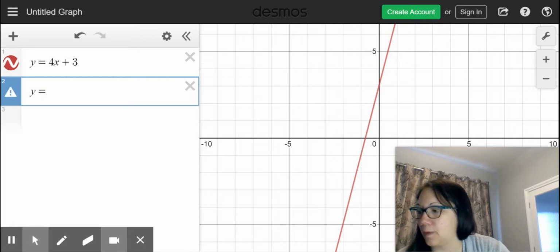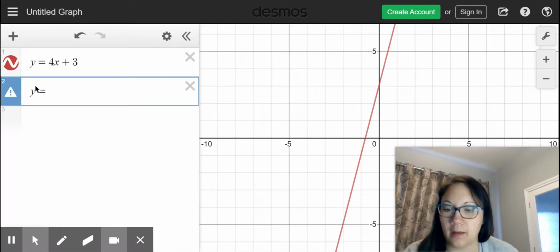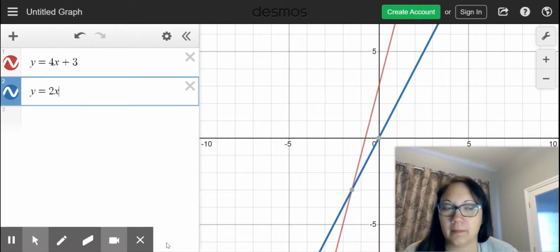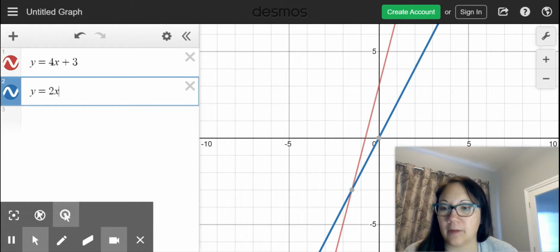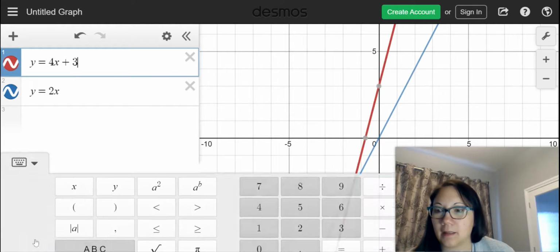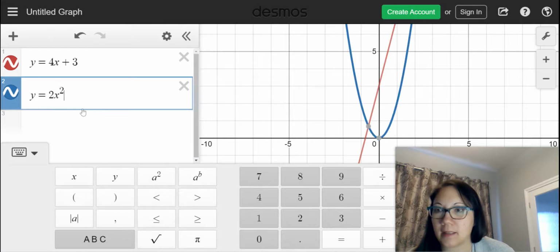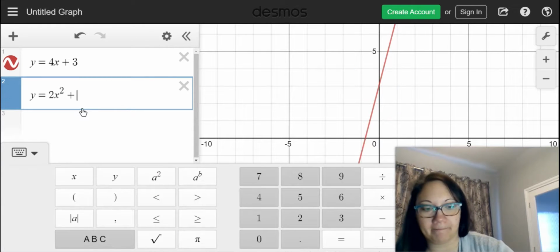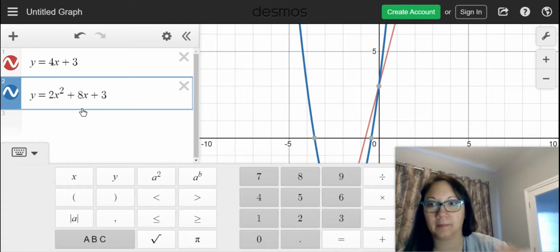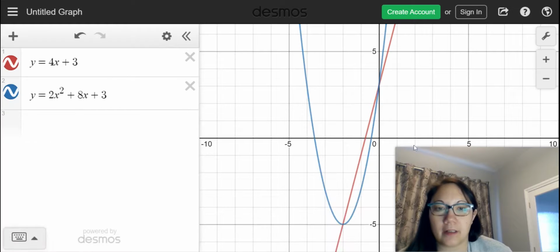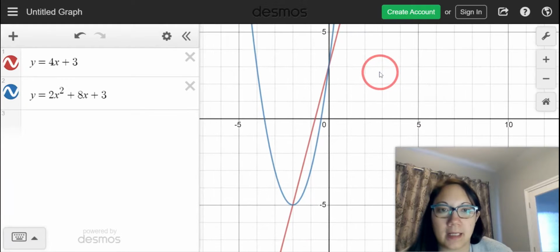And then we also have y equals 2x squared plus 8x plus 3. Okay, so that gives us our graphs here, and we can take a look at where our intersection points are.